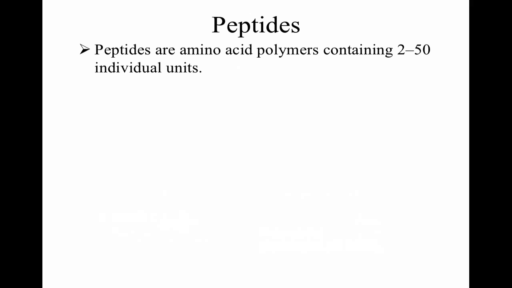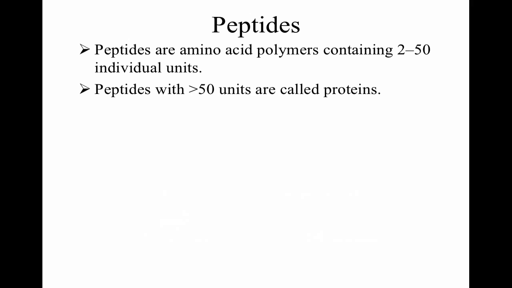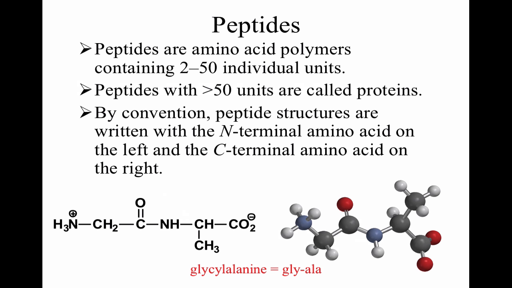Typically, we think of proteins as containing hundreds of residues. Okay, so there's not really an exact line at which you stop calling something a peptide and start calling it a protein. But the generally accepted range is up to 50 amino acid residues. Okay, and so when we get much larger than that, we start calling it proteins.